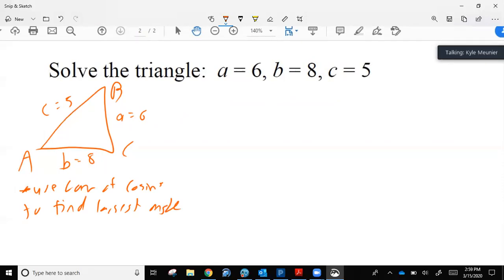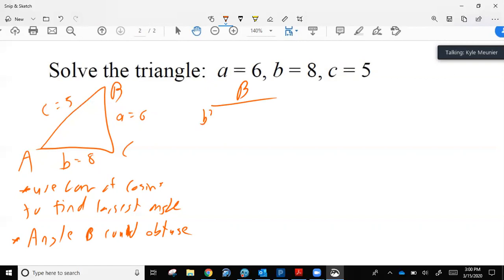Looking at this, angle B could be obtuse. Side B is the largest side, thus angle B has to be the largest angle. So angle B could be the obtuse angle. So I'm going to find angle B.